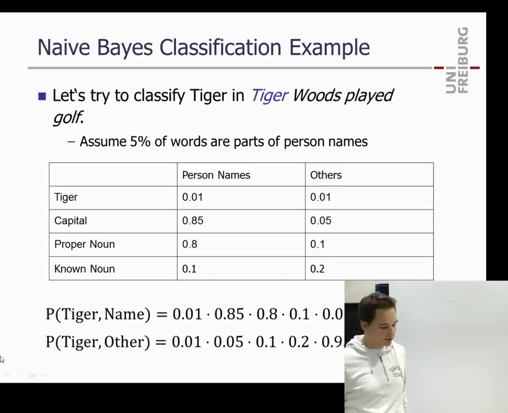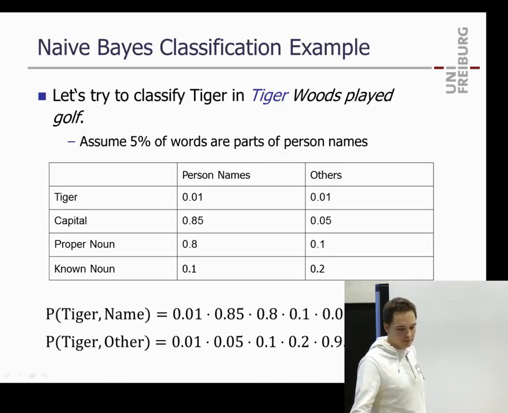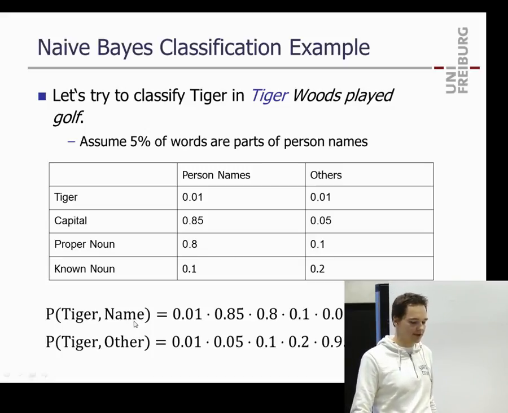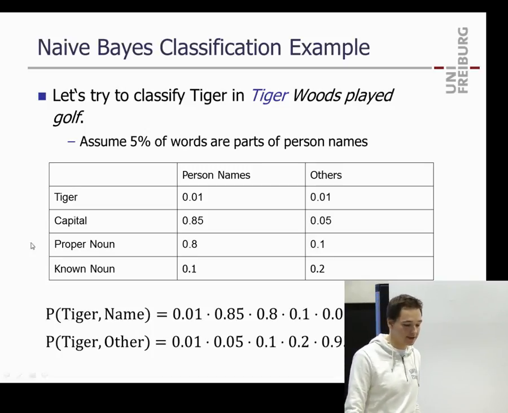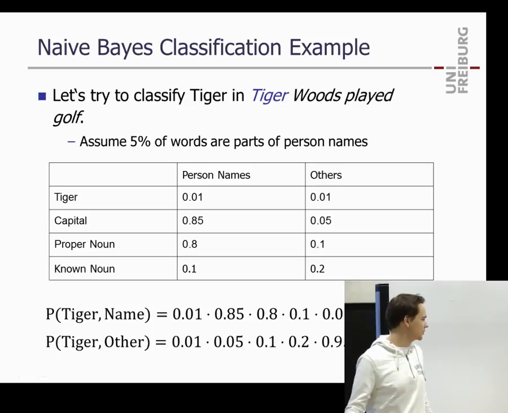Okay, I could tell that. Basically, if you just want to classify, if you just want to say whether it's more probable that it's a name or more probable that it's not a name, then all you need are these scores, because if this score is higher, then it's more probable that it's a name. If you are interested in the exact probability, so you see here these are both very low, and that cannot be. It has to be a name or something else.